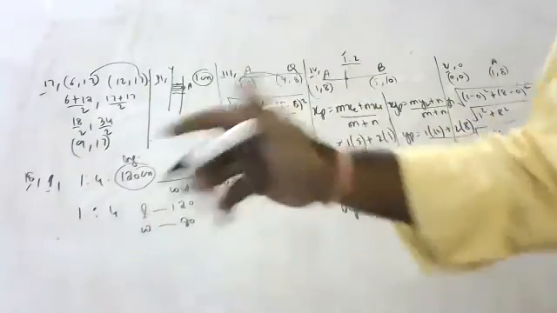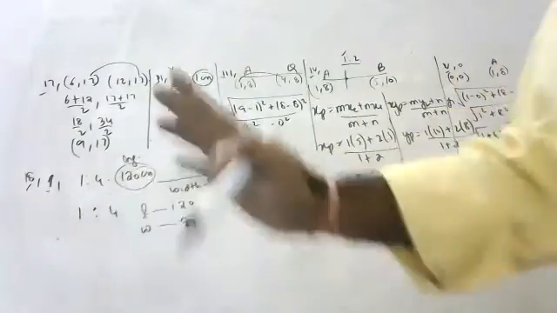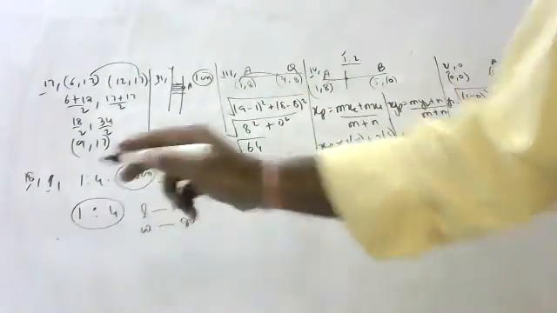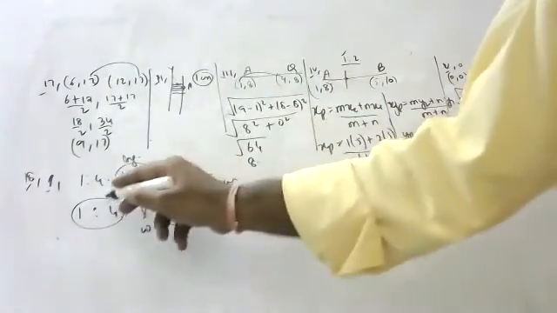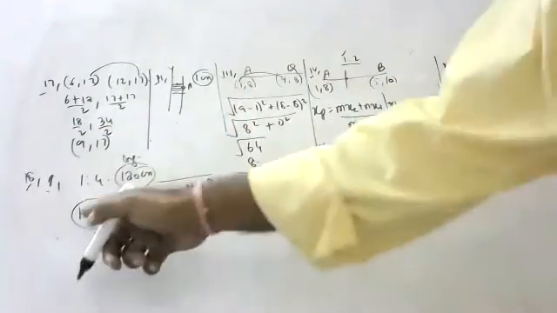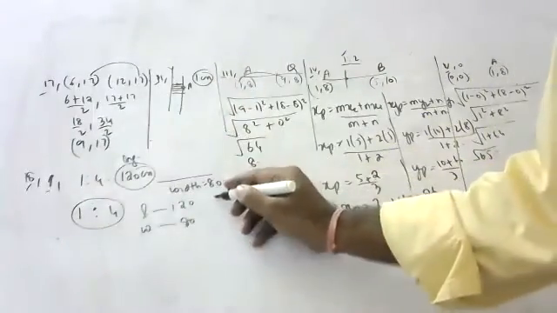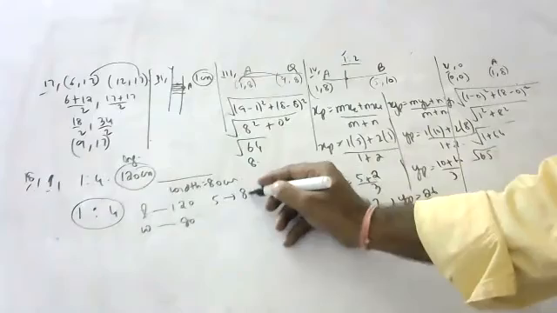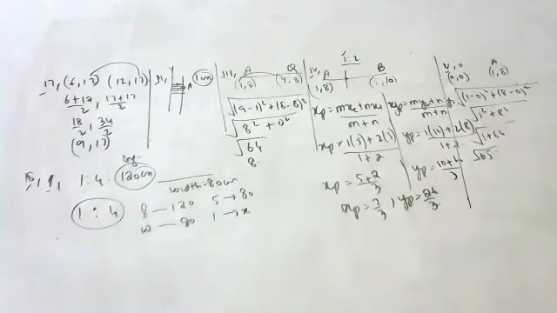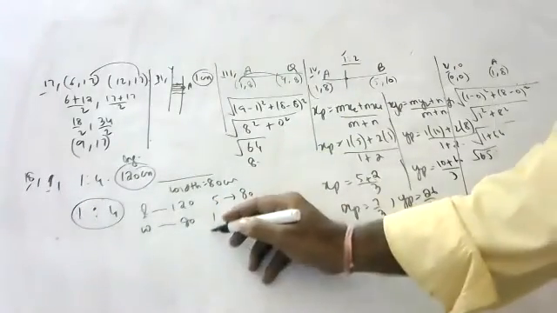So it is made 4 times. 1 plus 4 is how much, children? 5. If 5 parts is 80, 1 part is how much? 80 by 5, 16.